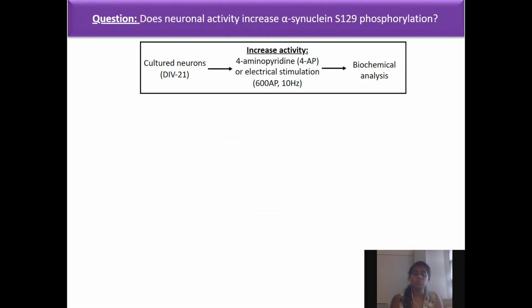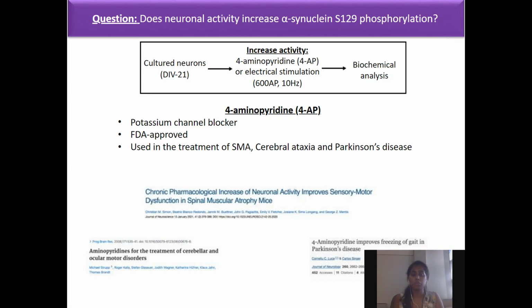To do this, we used either chemical activators or electrical stimulus. First we used 4-AP, or 4-aminopyridine, which has been shown to increase neuronal activity by blocking potassium channels, and it has been used in the treatment of several diseases.